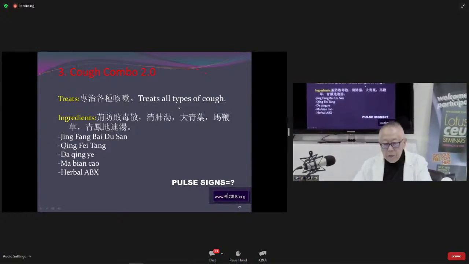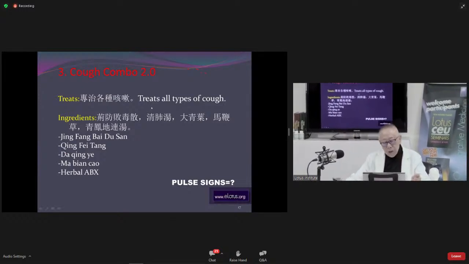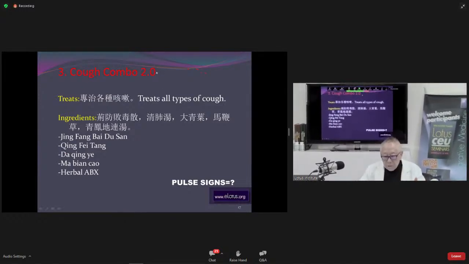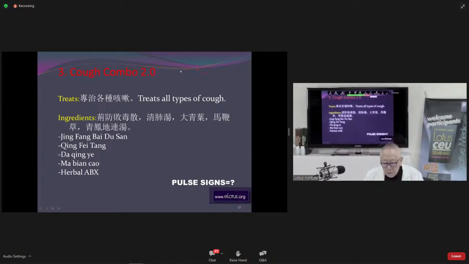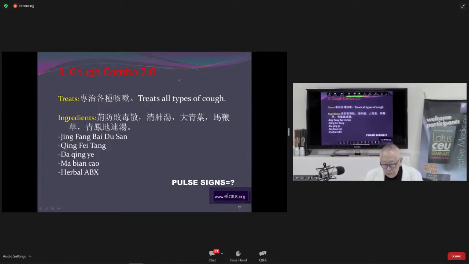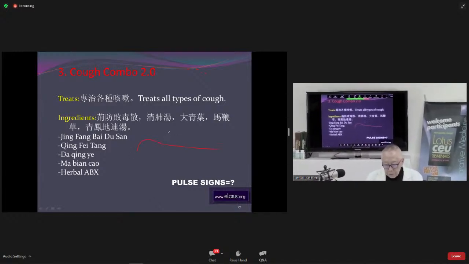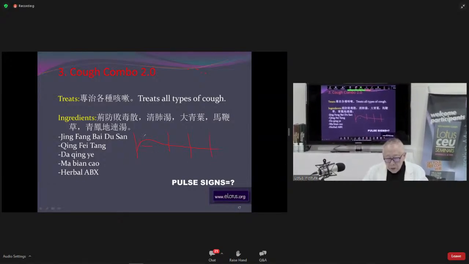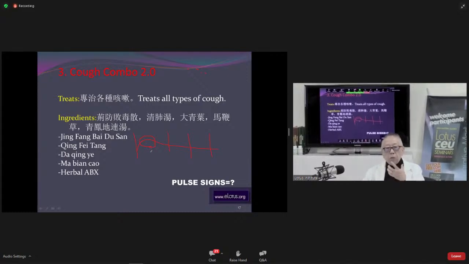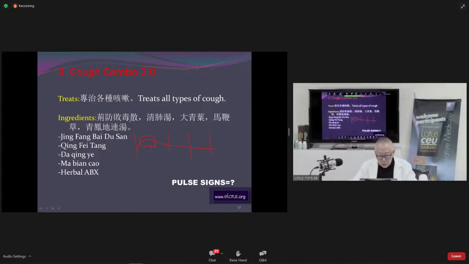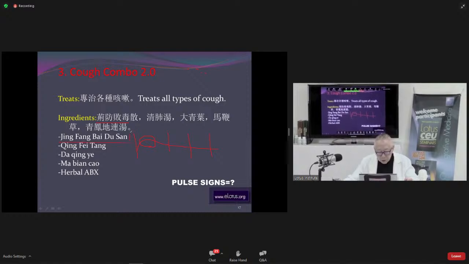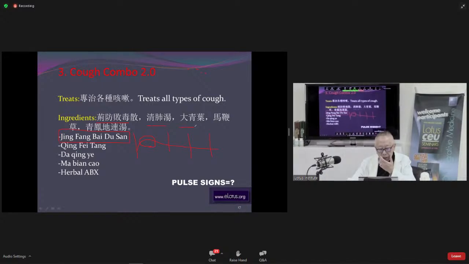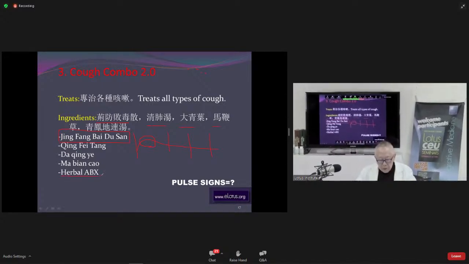Okay, for the cough combo, of course, with some kind of phlegm. How do you know this is phlegm? The right side, the right side is always the place to find problems with the respiratory system. So why do I use 金防败毒散? 清肺汤, 大青叶, 马鞭草, Herbal ABX.